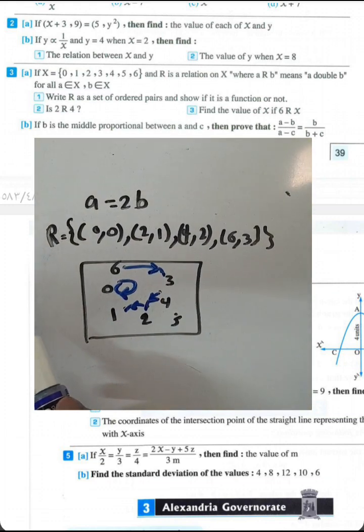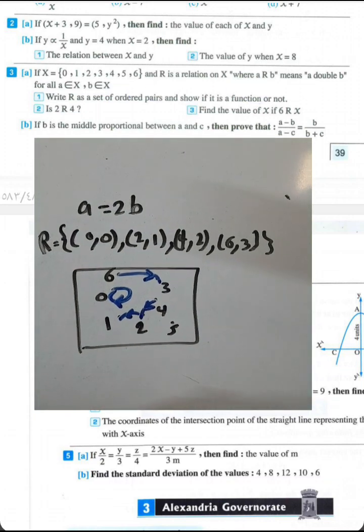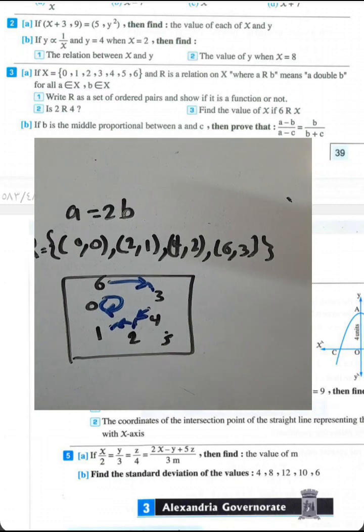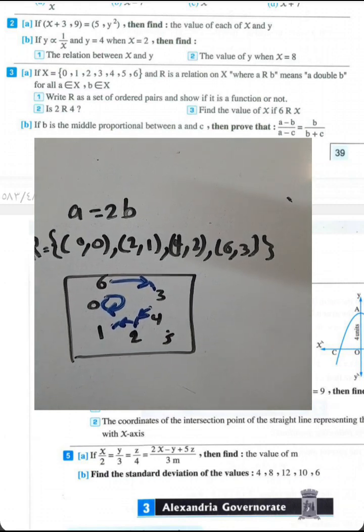Is R, as a set of ordered pairs, a function or not? It's not a function because 5 doesn't have an image in the relation.